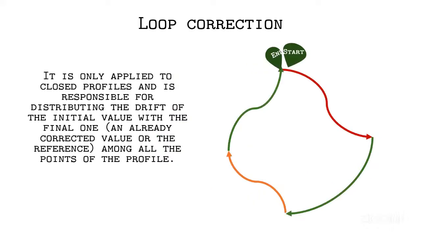And loop correction is only applied to closed profiles and is responsible for distributing the drift of the initial value with the final one and the already corrected value of the reference among all the points of the profile.